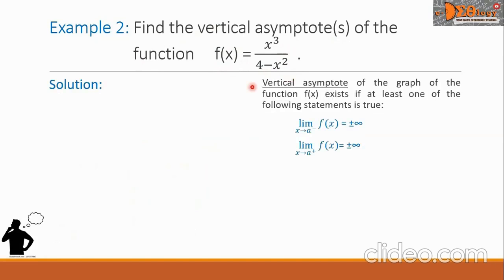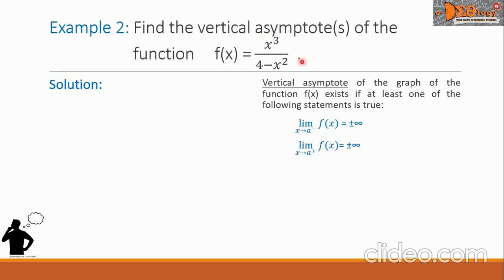We know that vertical asymptote of the graph of the function f of x exists if at least one of the following statements is true, meaning the limit of the function must approach positive or negative infinity when x goes to a certain value a, either from the left side or from the right side.